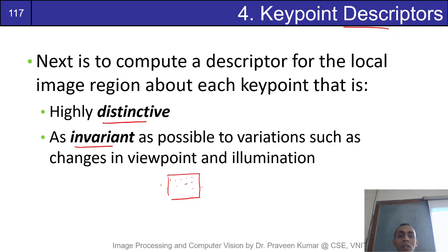In that sense, you're saying basically using a normalized template of this. But as I said, then matching will be a problem because it won't be invariant if the template intensity changes, and it may not be highly distinctive also.